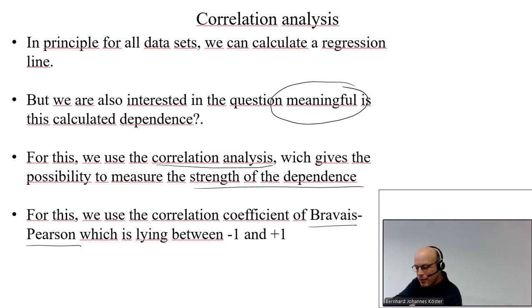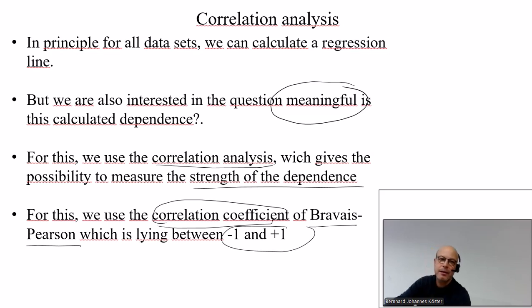And this correlation coefficient, maybe you have heard already in school about this number. This in general can lie between -1 and 1, where -1 we can interpret that we have a negative slope of our line and all data points of our data set are lying exactly on this linear line.